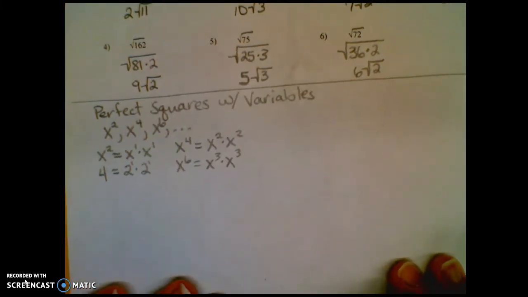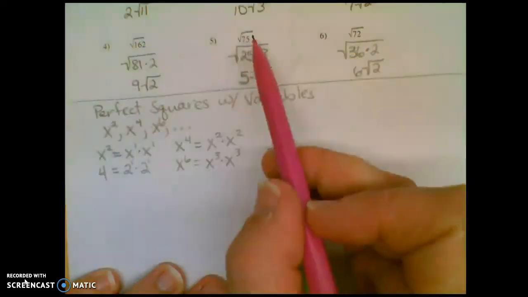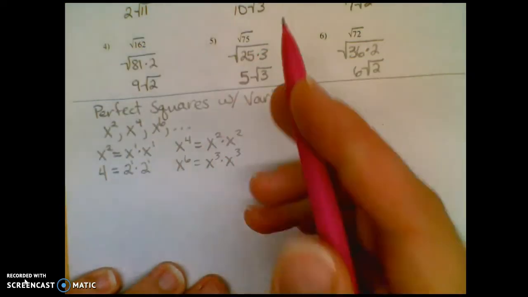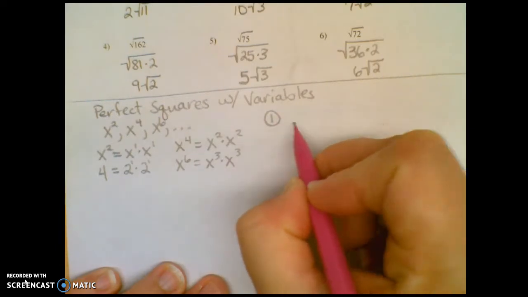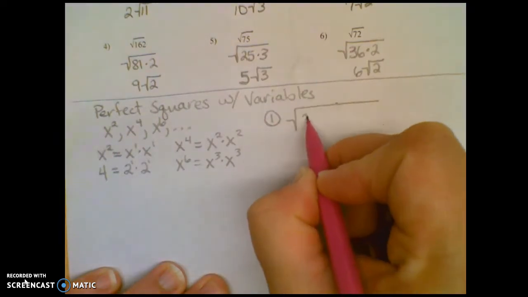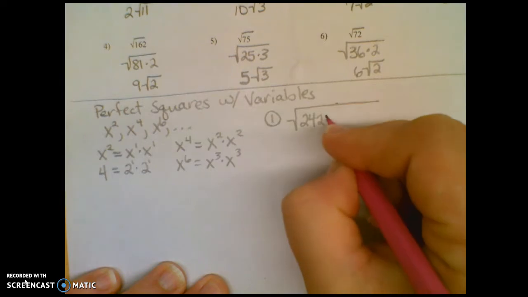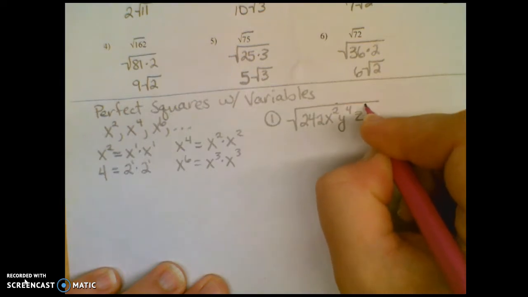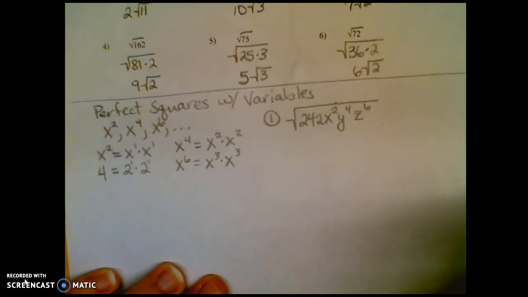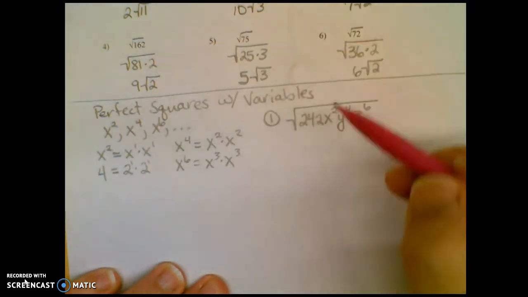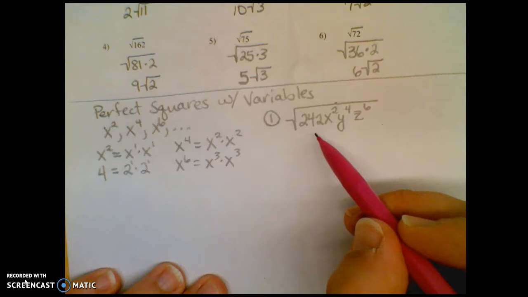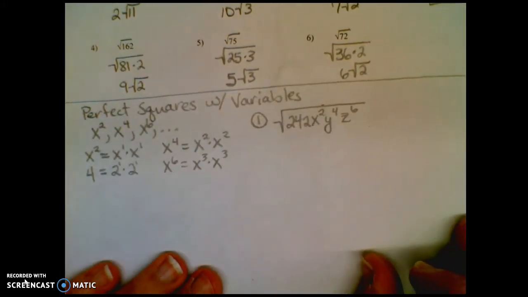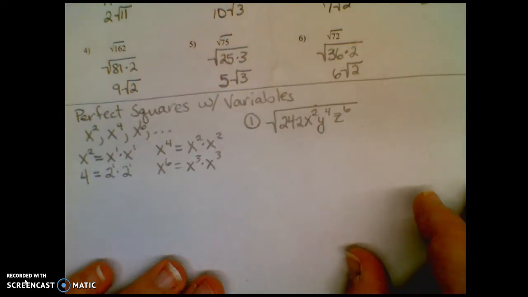Okay, so let's do an example that has this kind of number and some variables in it. So example 1 here, square root of 242 x squared y to the 4th z to the 6th. Just like before with the numbers, we are trying to factor this into all perfect squares and then anything that's left over.